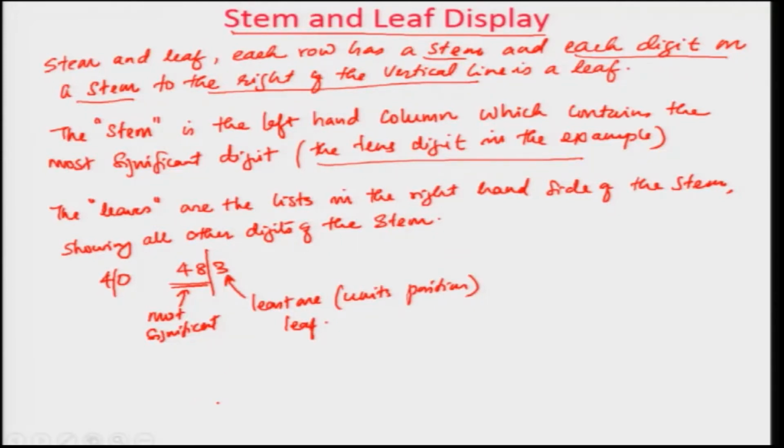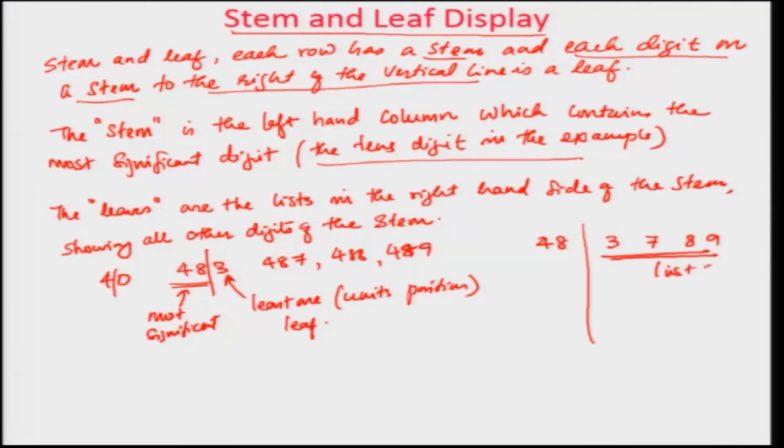So, whenever you create a stem, if you have data values 483, 487, 488, 489, then your stem will be 48 and you have a 3, 7, 8, 9. So, this is the list of digits for this particular stem. Okay. So, for any stem, the values opposite in the columns will always be the list of the digits.